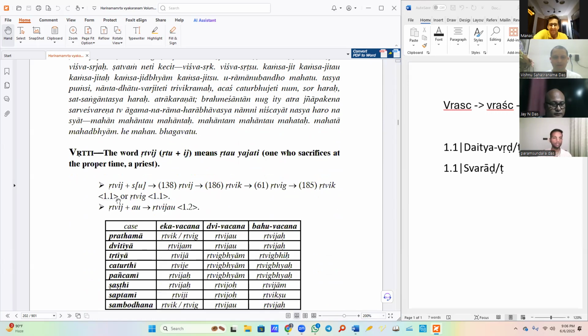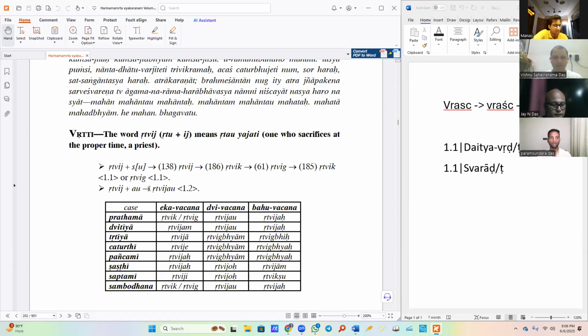So for example, the word is Ritvij, and the Samasa is Ritau Yajati, if we split it up: one who sacrifices at a proper time, like a priest.